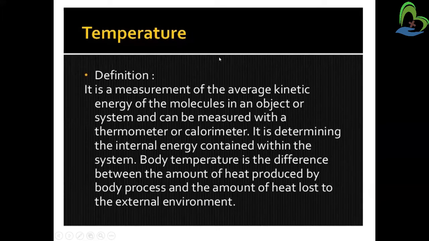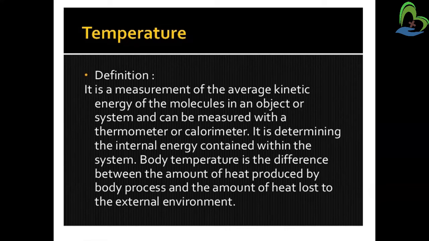Now what is temperature? The definition: it is a measurement of the average kinetic energy of the molecules in an object or system, and can be measured with a thermometer or calorimeter. It determines the internal energy contained within the system.